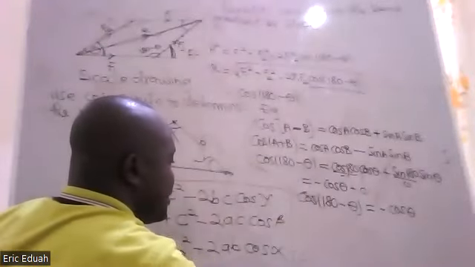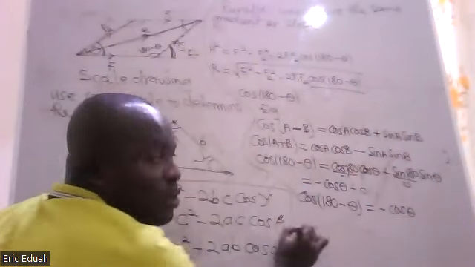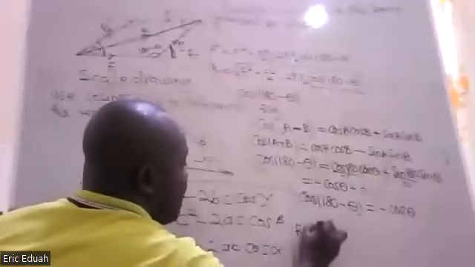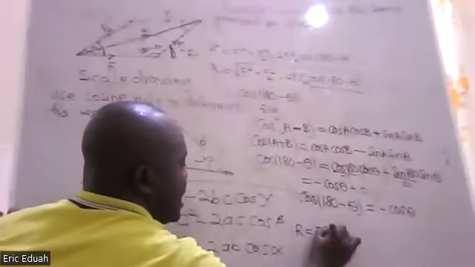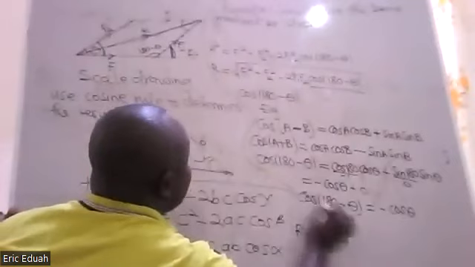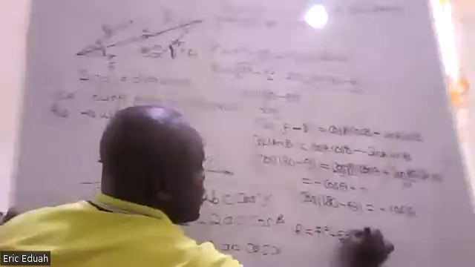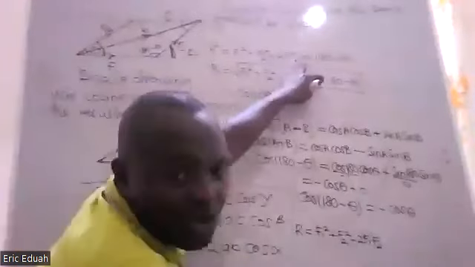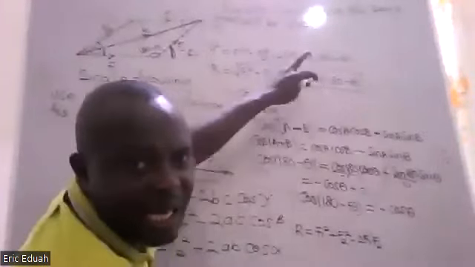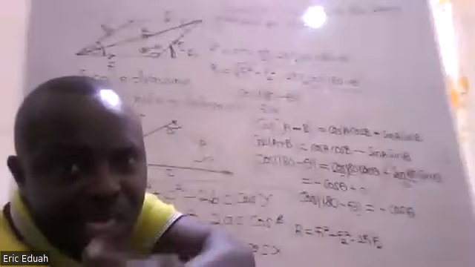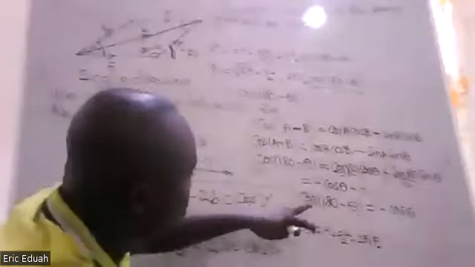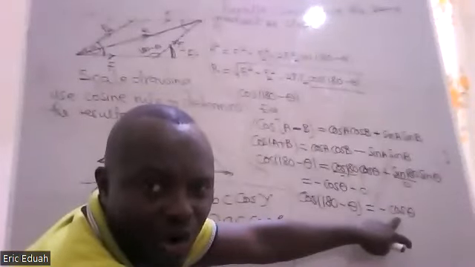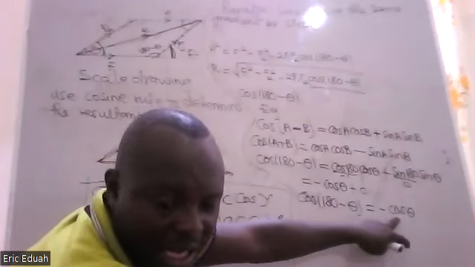R squared is equal to F1 squared plus F2 squared minus 2F1 F2 times cos 180 minus theta. And we just realized that cos 180 minus theta is the same as negative cos theta. Is that okay?